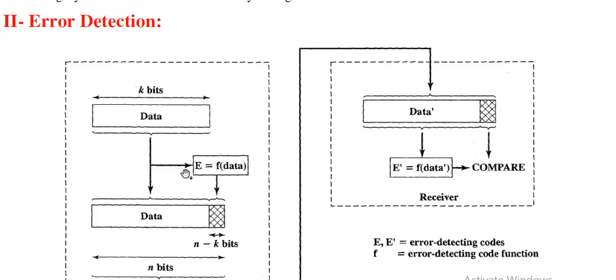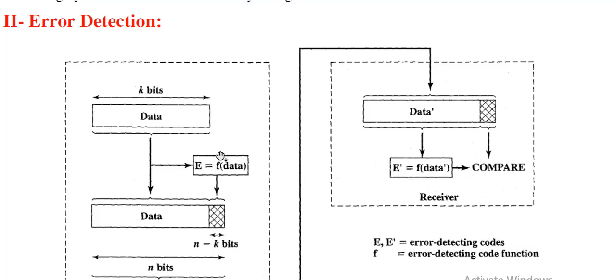So let's start first with the error detection techniques. Here we have a general mechanism. If the sender has data of k bits to be sent, these data are not sent directly to the receiver.